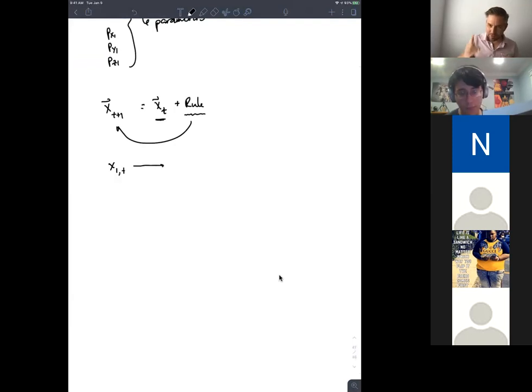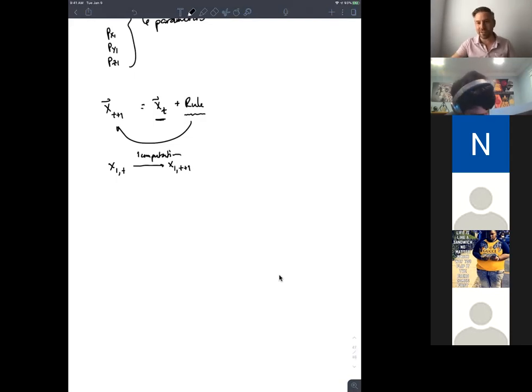Then we perform just 1 computation, which in practice is not what would happen, because you'd actually have to perform several computations for each parameter at each time step. But let's say we just perform 1 computation, and that allows us to update what it's going to be at time t plus 1. So this is 1 computation.